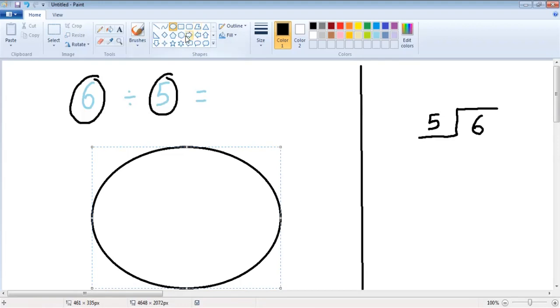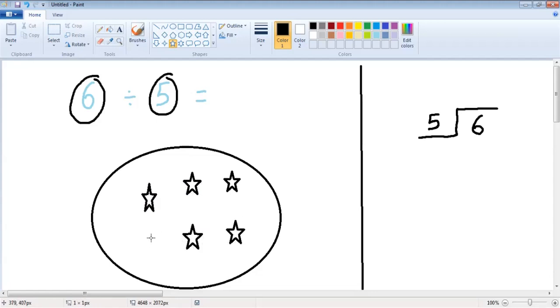Can you see it? Yeah. Now I have 1, 2, 3, 4, 5, 6 stars. Can you see the 6 stars inside? Yeah. Can you make one group of 5 stars? No. One group. Choose one group of 5 stars.